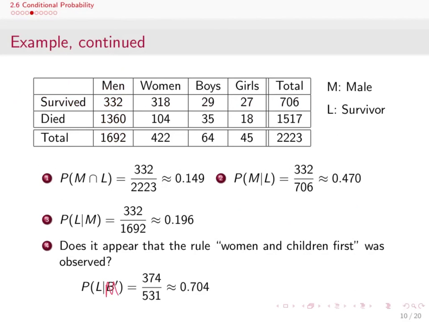So the probability of L given M complement, so there are 531 non-males, and 374 of them survived. Namely, we took the sum of 318, 29, and 27 to get the 374, and 422, 64, and 45 gave us the 531, and we get approximately 70%. So it does appear that the rule was observed, since 70% of non-males survived while only 20% of males survived.